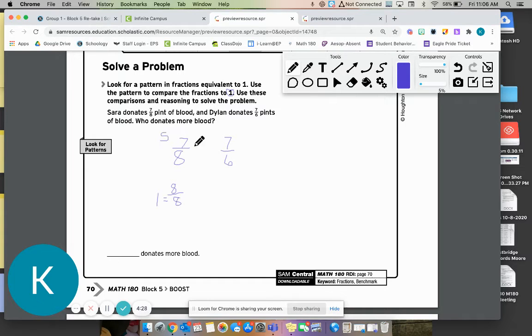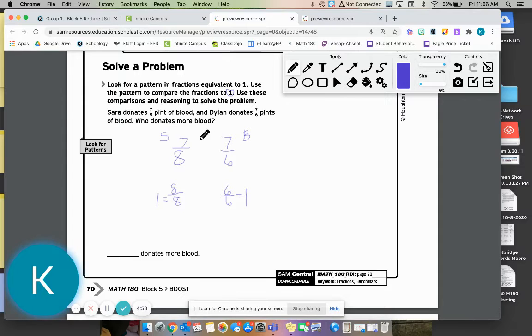So let's put an S here so we remember that 7/8 is smaller than 1, or 8/8. If my denominator is 6, we know 6/6 equals 1. So 7/6 is bigger than 6/6. So this one is bigger than 1 whole.